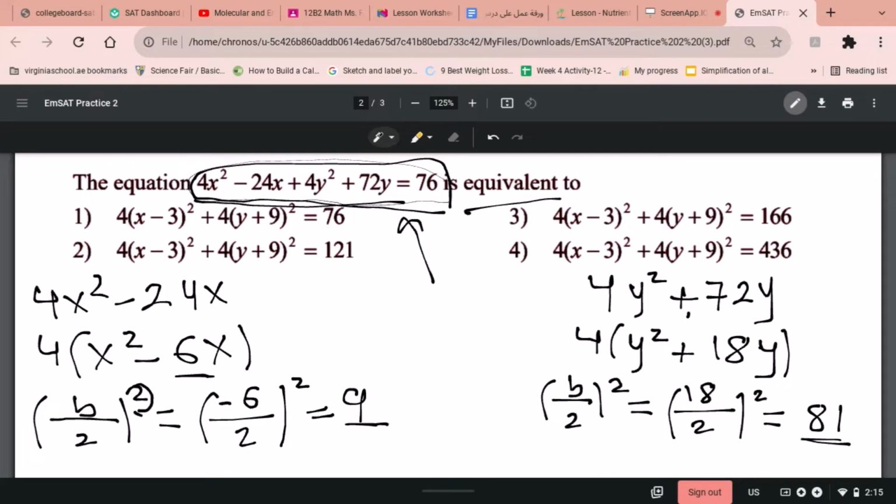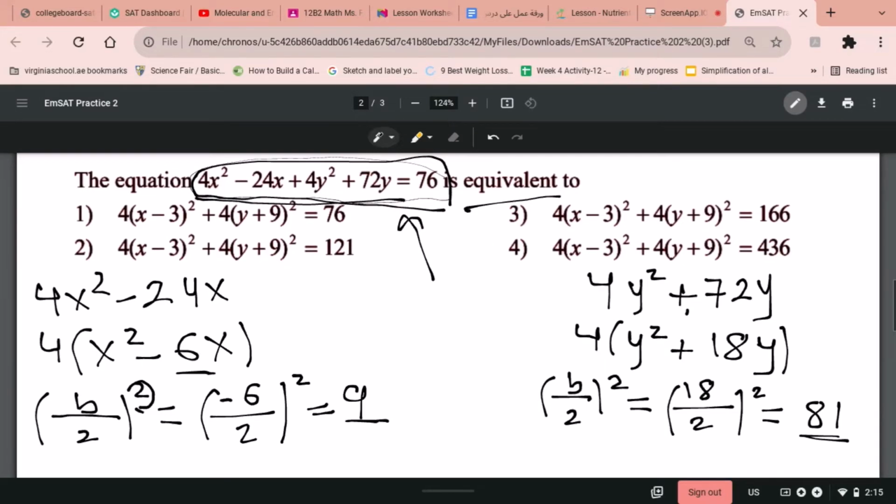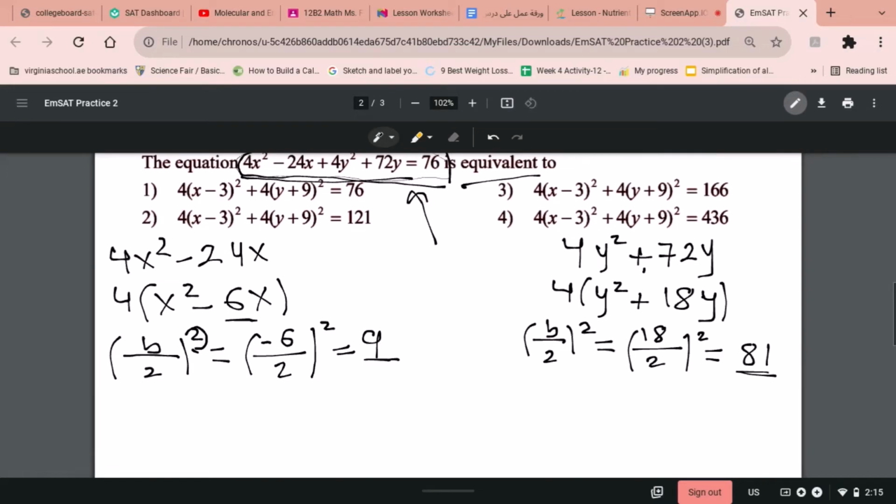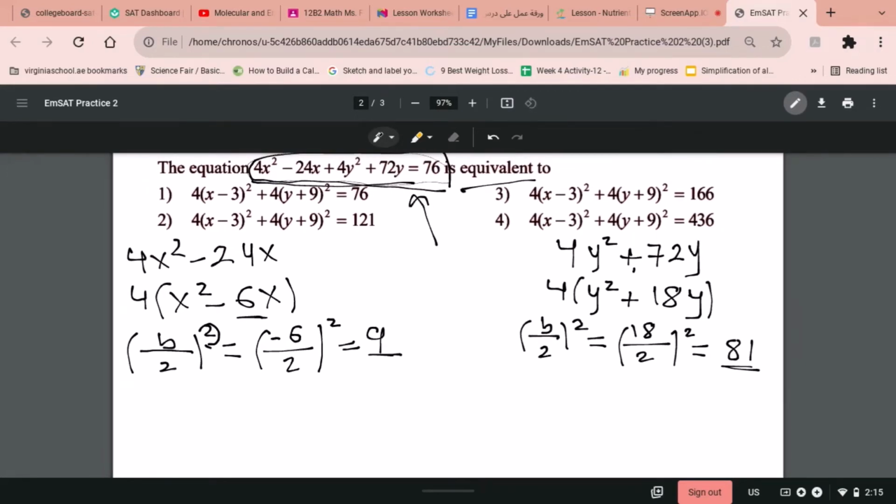So how to do this? Okay, let's just move down, or let's zoom out. We write this expression and this expression because we already took the common factor. So 4 times (x squared minus 6x plus 9). We input this value here.